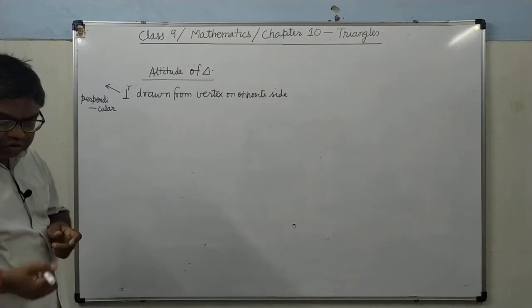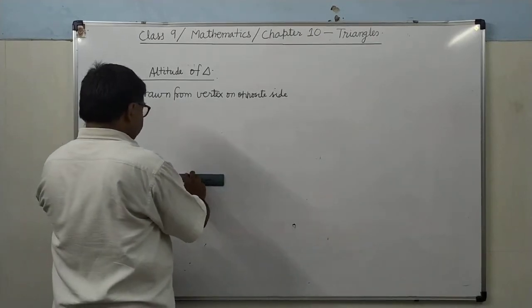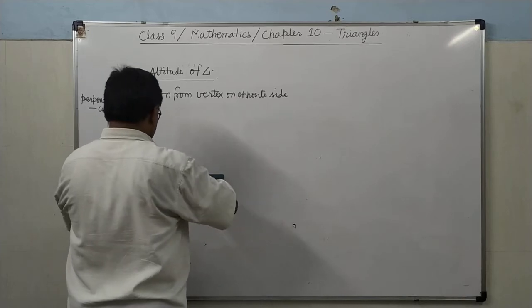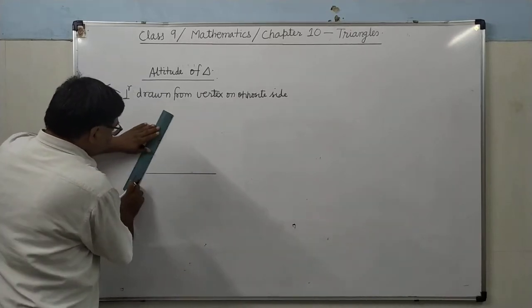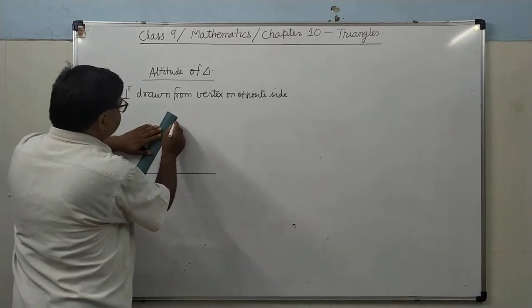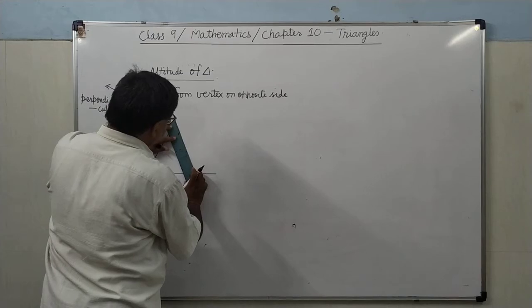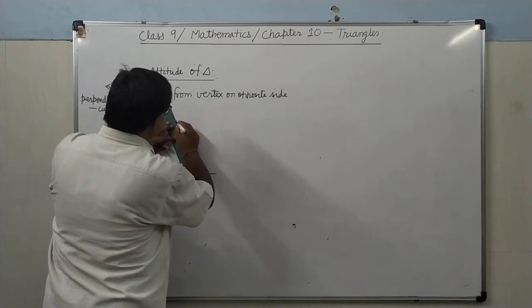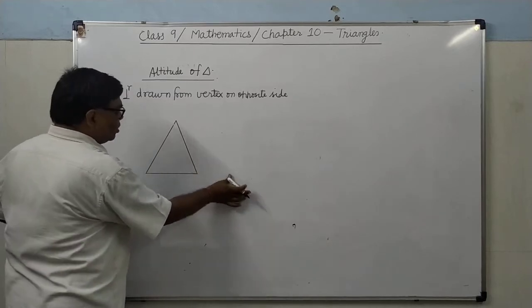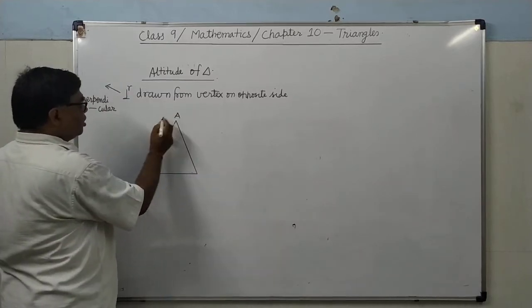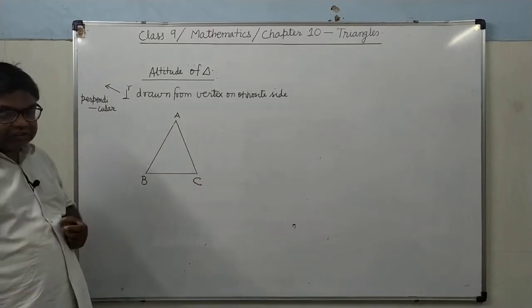Now you see here, this is a triangle. I have drawn a triangle. You can name it A, B and C. What are the vertices of this triangle?